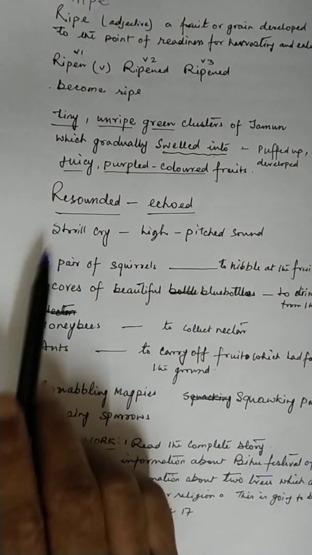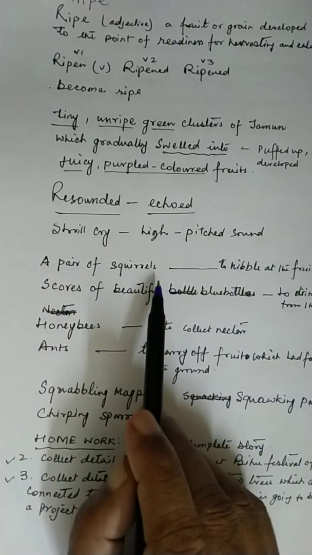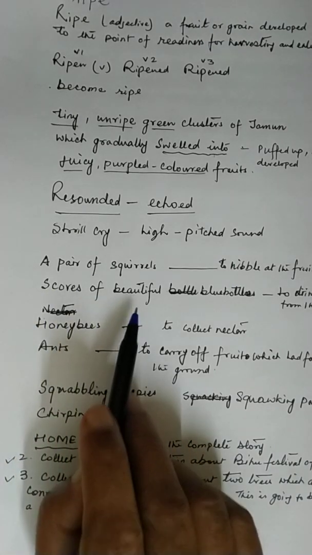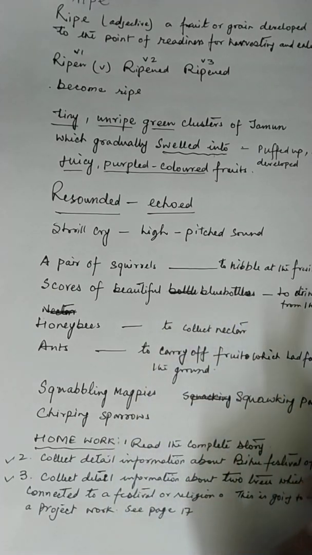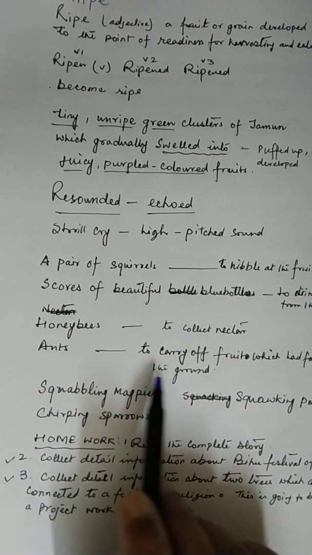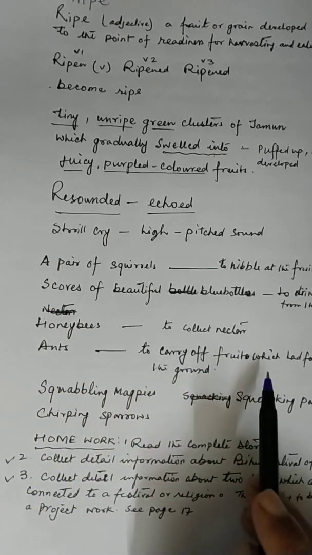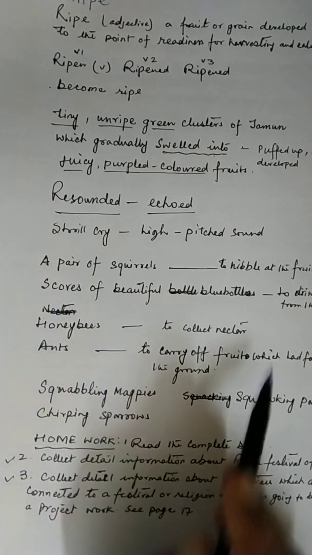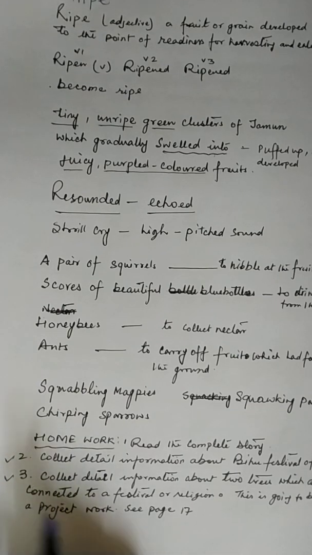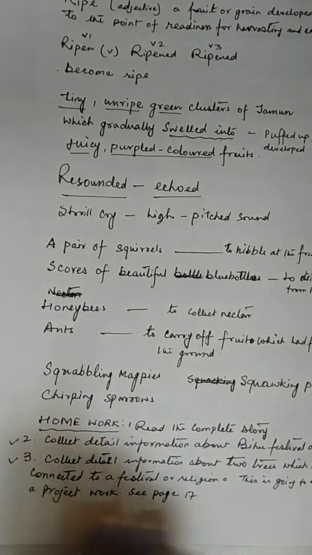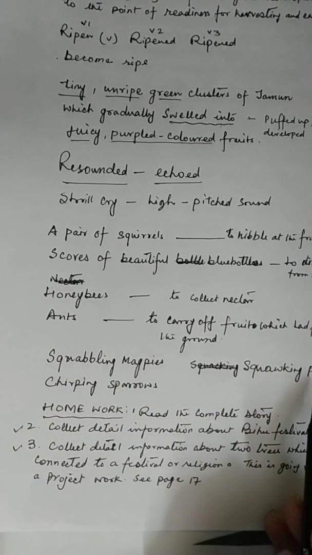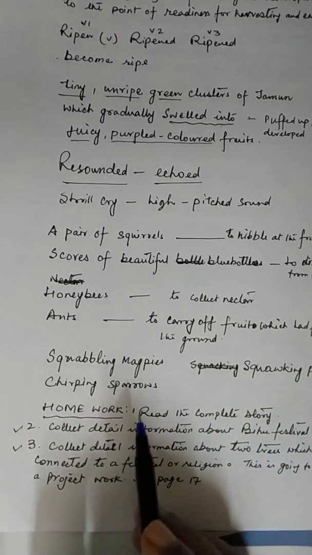So, for example, a pair of squirrels nibble at the fruits. Scores of beautiful blue bottles to drink nectar from the fruit. Honeybees to collect nectar. Ants to carry off fruits which had fallen onto the ground. You will find all these words and phrases in the next paragraph. And there were so many birds which used to visit the jamun tree, magpies and parrots, sparrows, etc.